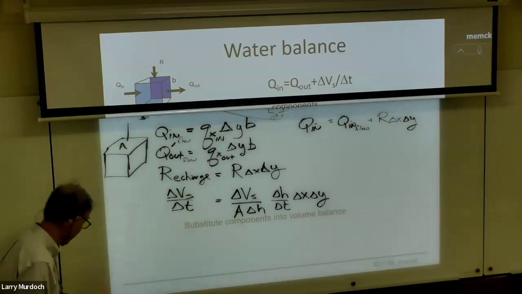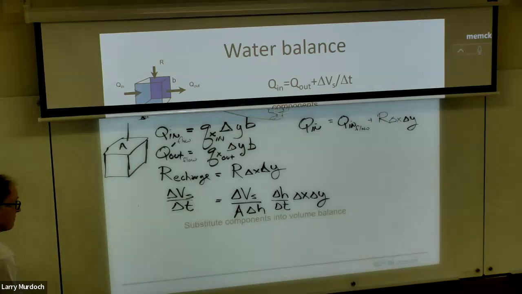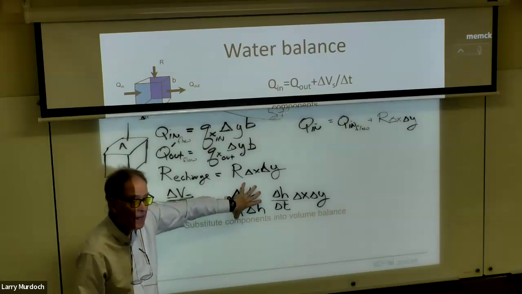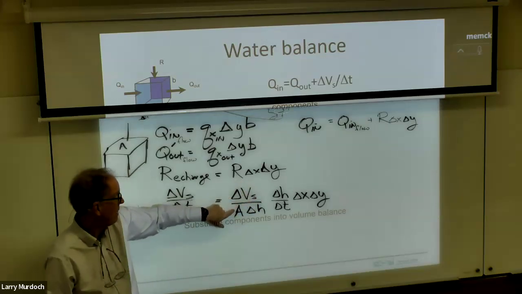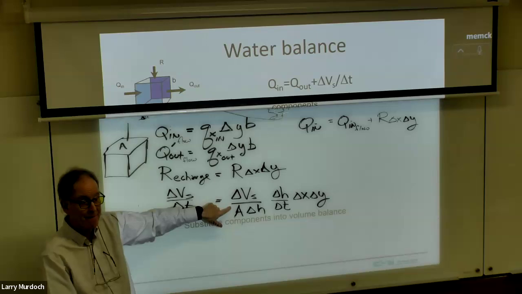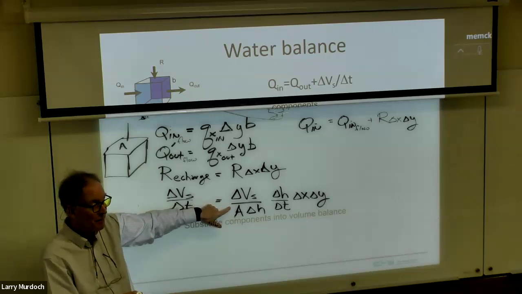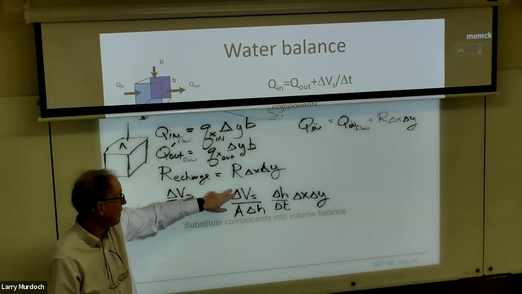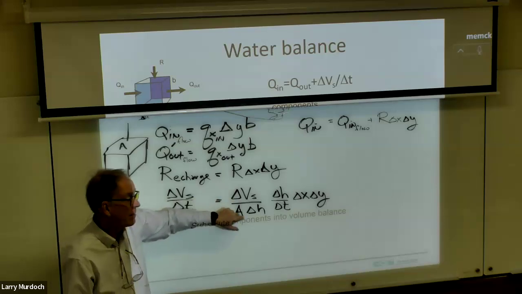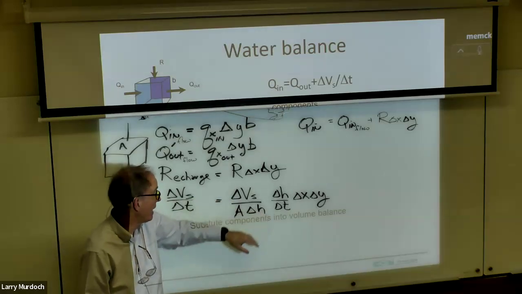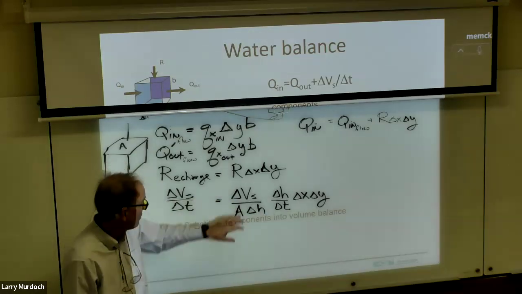So the reason that I do it is because, does anybody recognize that? Last class? Check back your notes. The change in volume stored per area per drop in head. Yeah, so that's the storativity.